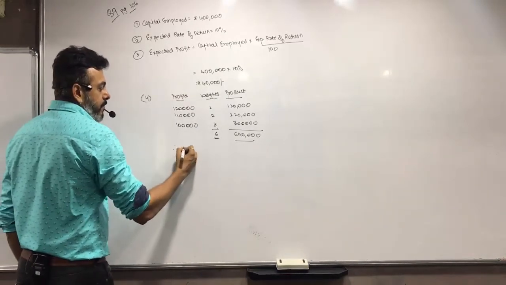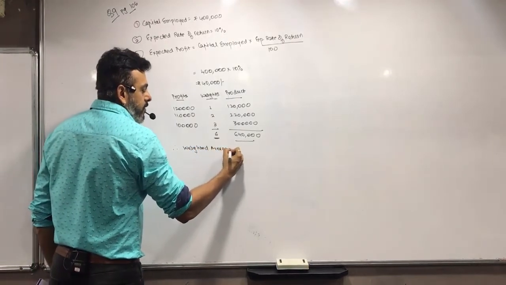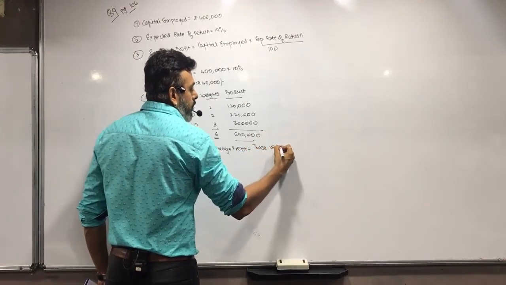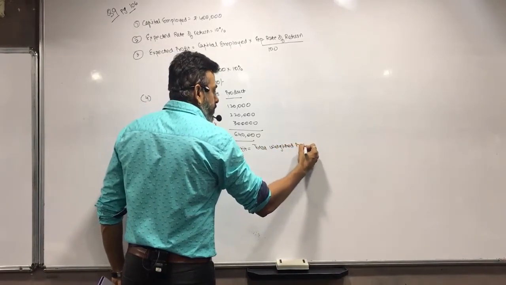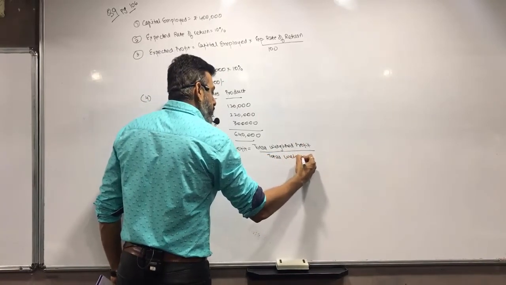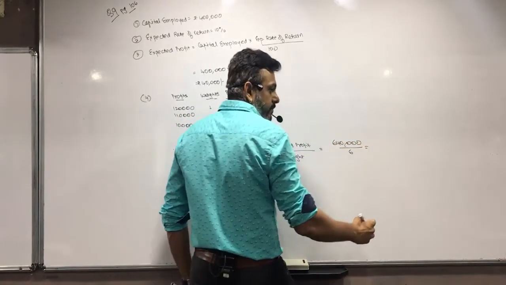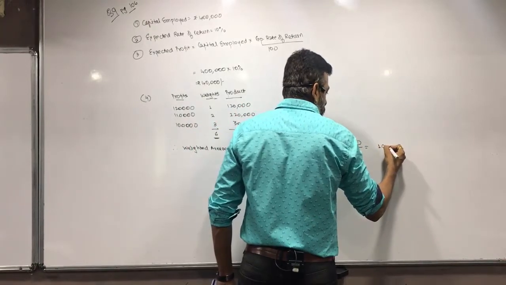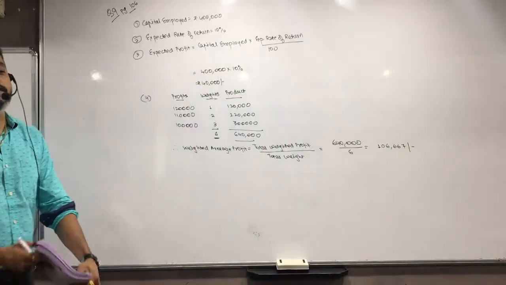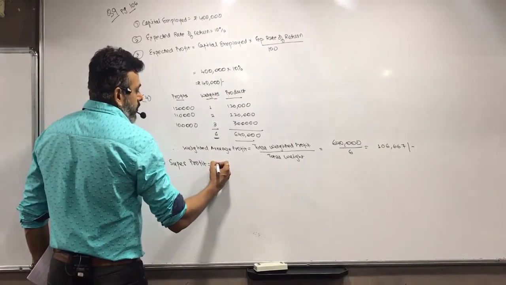Therefore, weighted average profit is equal to total weighted profit upon total weight, which is equal to 6,40,000 upon 6. How much? 1,06,667.